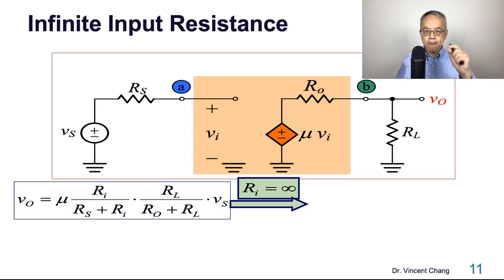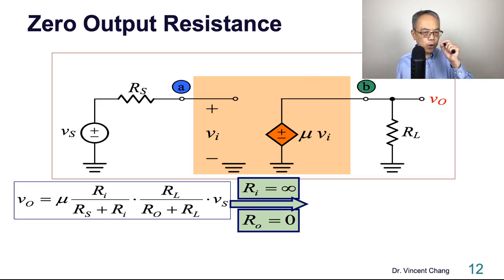Let's consider a scenario. If we can design a buffer with a very high input resistance, let's say in the ideal case, infinite input resistance, Ri approaches infinity, and the output resistance Ro is zero.